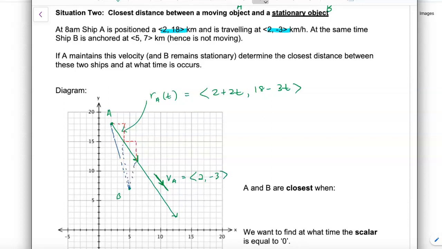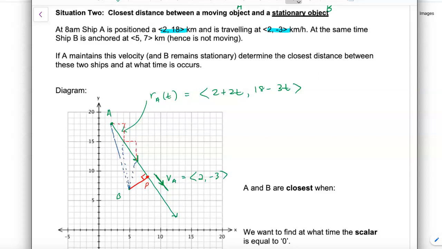But we can see that the closest that B is going to get to A is in fact when it is perpendicular. So let's call this point P. Its closest approach is when it is perpendicular to the movement of A.